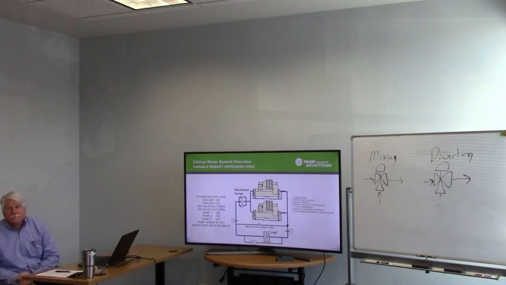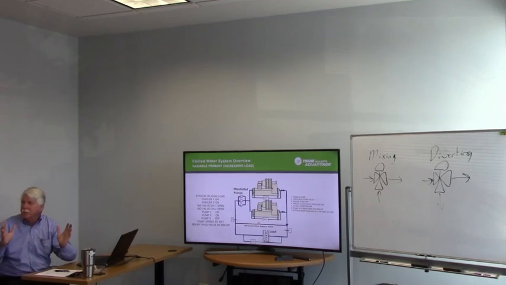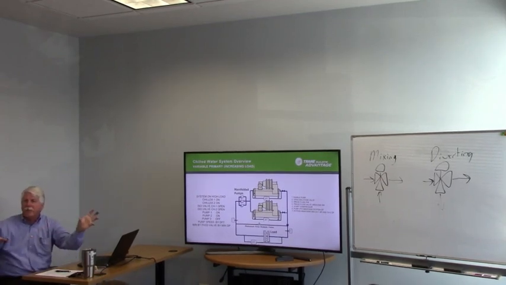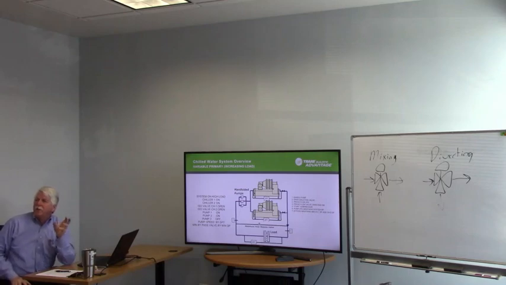No. As long as you have DPs on each chiller, you can have different minimum flow set points for different chillers. And what you're going to be doing is running a DDC loop for each chiller for minimum flow. Now, if the chiller is disabled, you obviously don't run that loop.